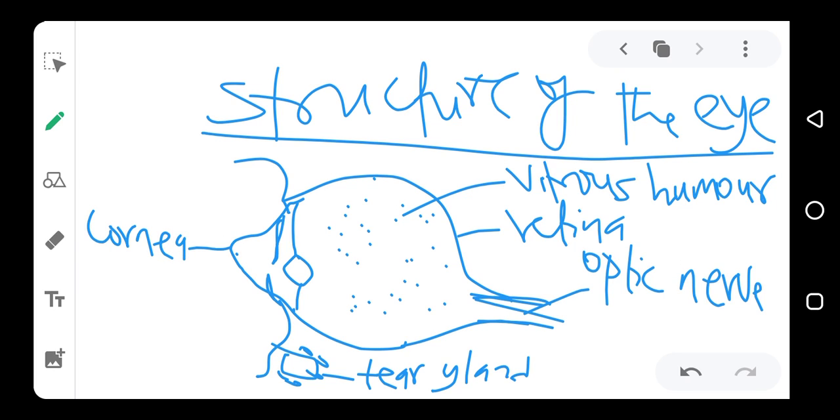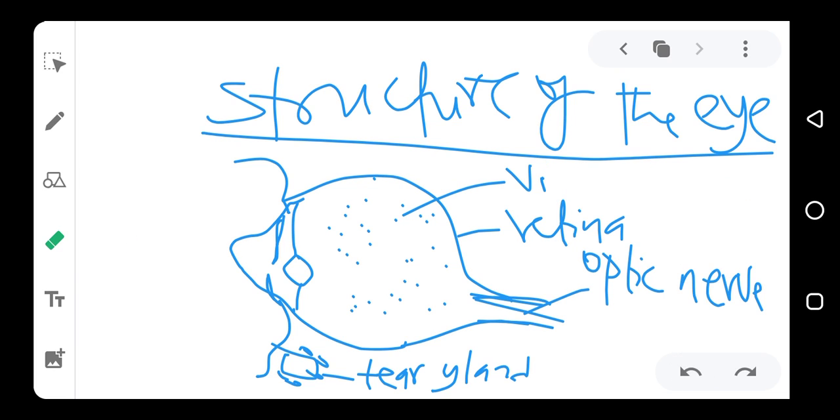Okay, so this is actually how the eye looks like. If you use something to pluck out the eye, this is how it looks like. Now, this front part of the eye, that is the part that is white that we normally see. It is called cornea.